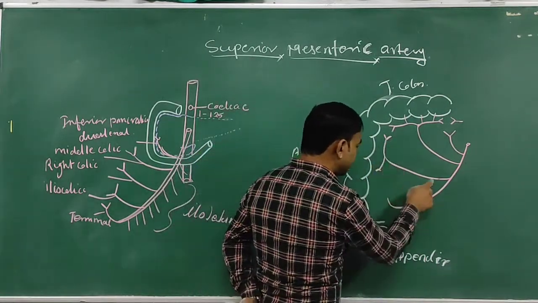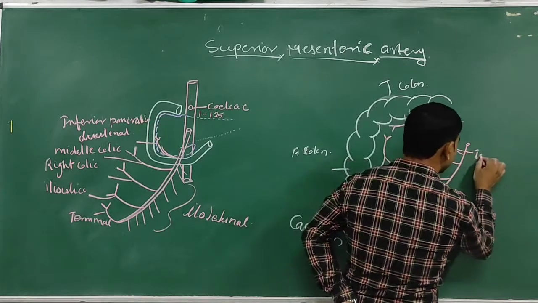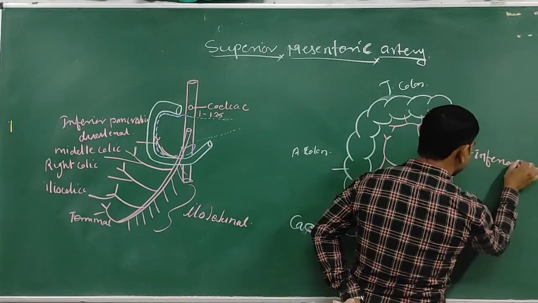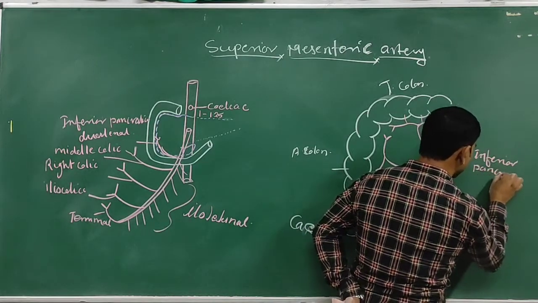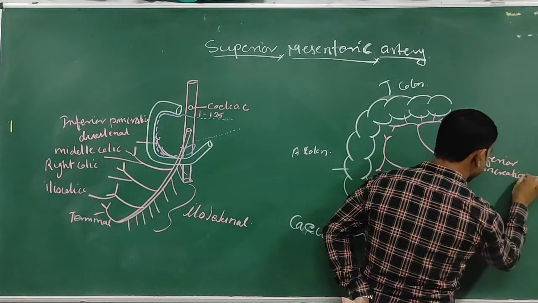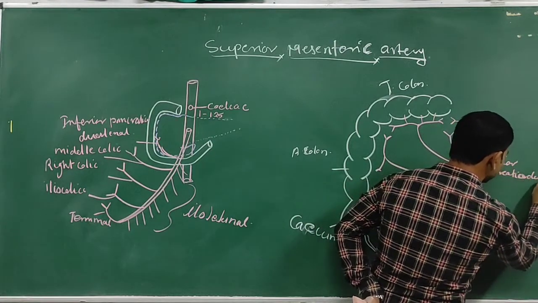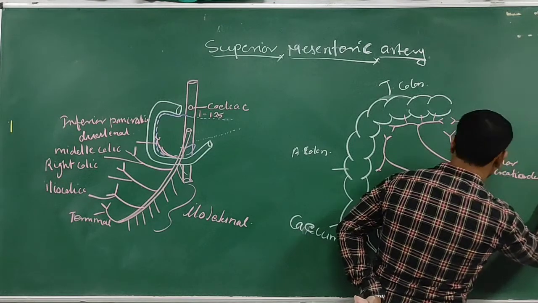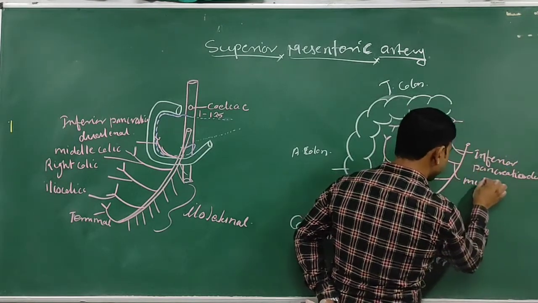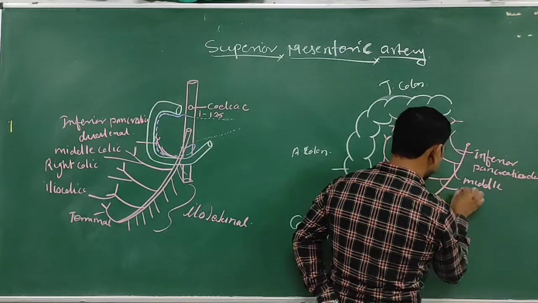So this is the inferior pancreaticoduodenal, middle colic, and the right colic.